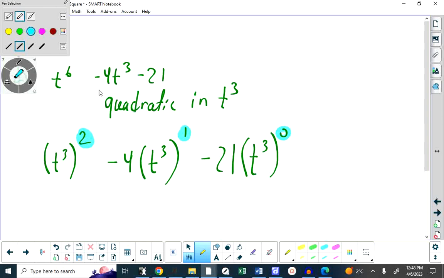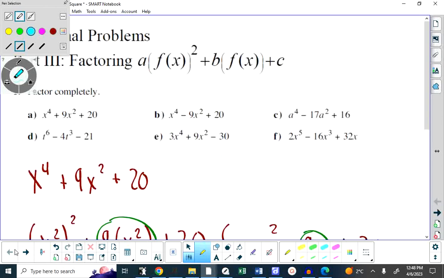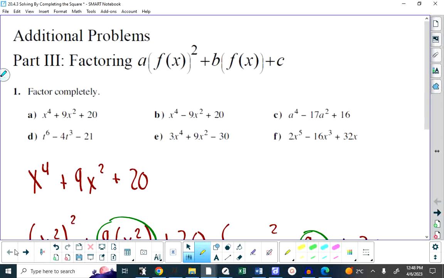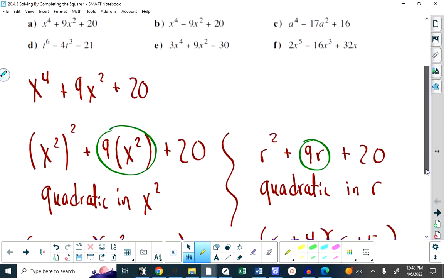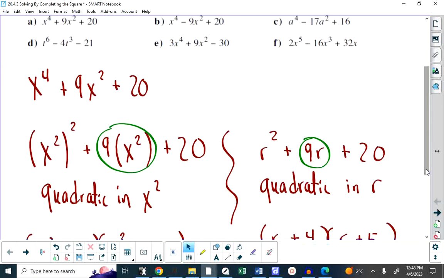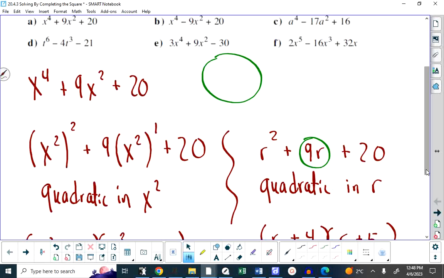That's what makes it quadratic. Squared, to the 1, to the 0. I realize going back here that when I wrote this x squared squared minus 9x squared plus 20, I didn't put to the 1 here.